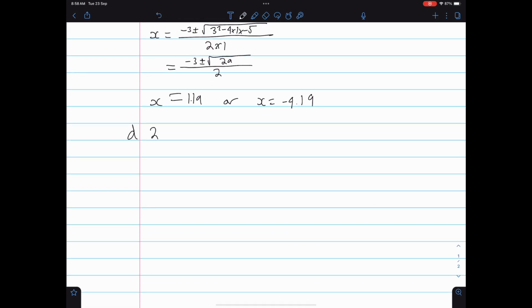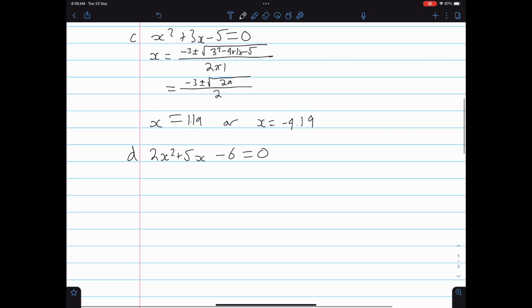And then the next ones are more just the same. And the good thing about the quadratic formula is we don't have to do anything special if the lead coefficient isn't 1, because wherever a is, we just put in that.